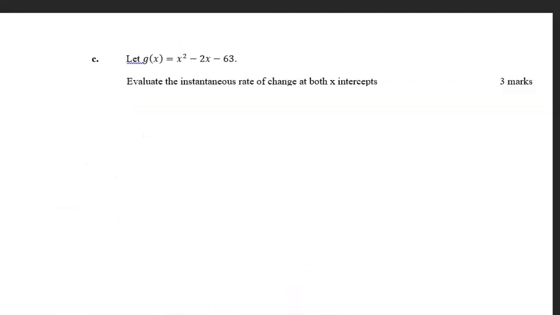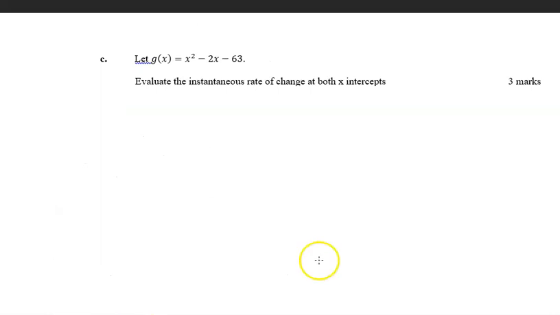The third question is associated with question 4, worth 3 marks. We did an example like this in class where you had to evaluate the instantaneous rate of change at both x-intercepts. There are a few steps you need to do to tackle this question linearly.